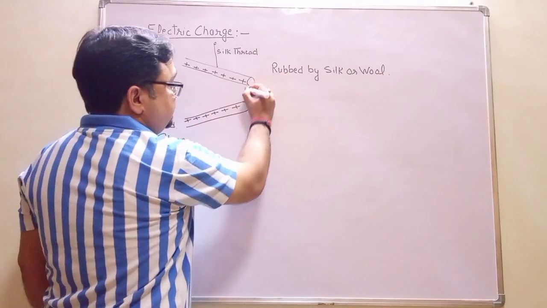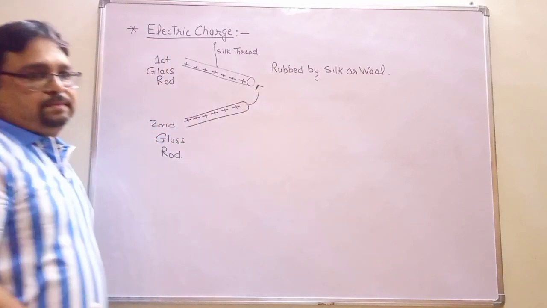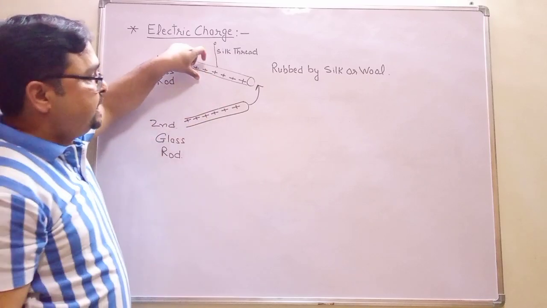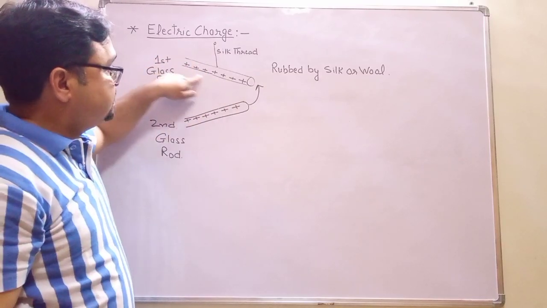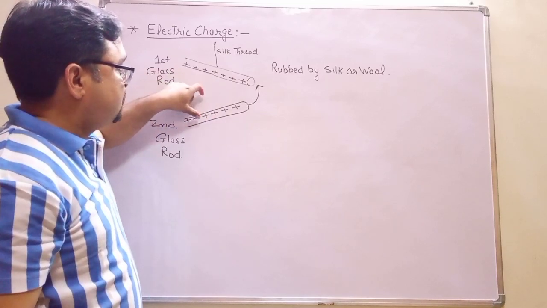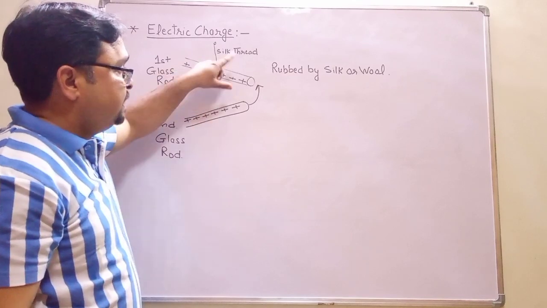Now these two glass rods will repel each other. So from this experiment we can understand that the same charge, or you can say the same polarity of charge, appears on both the glass rods, and the same charges repel each other.